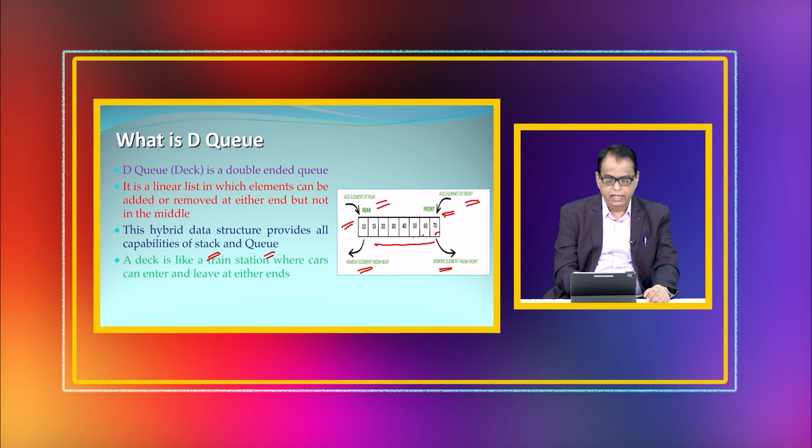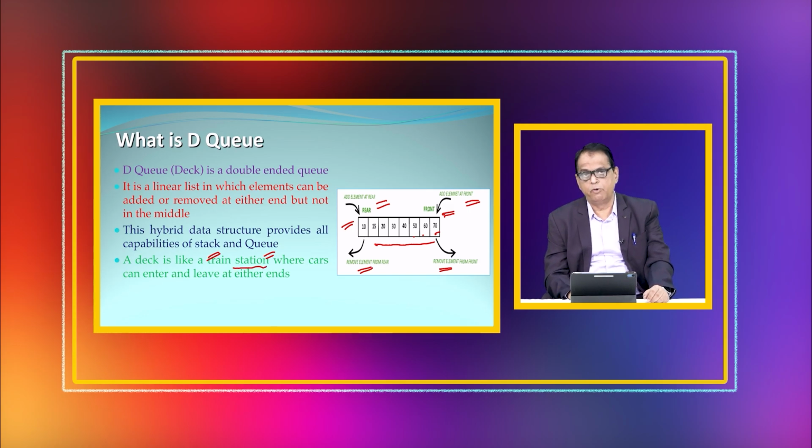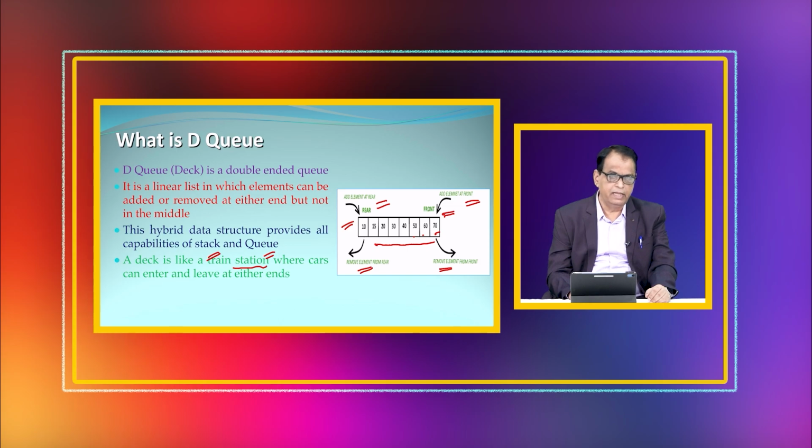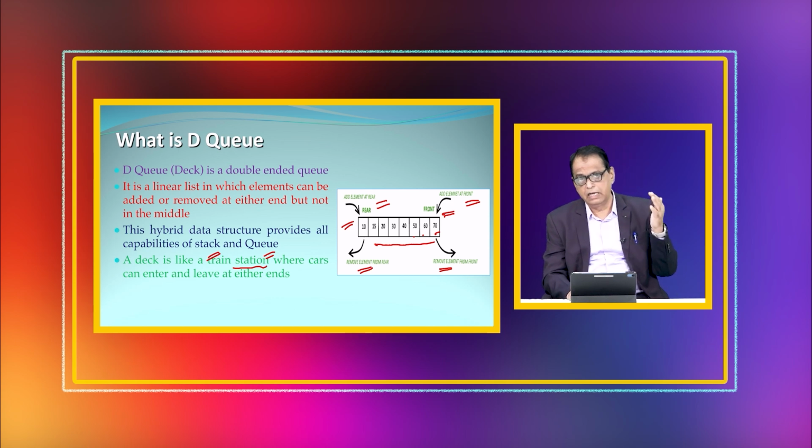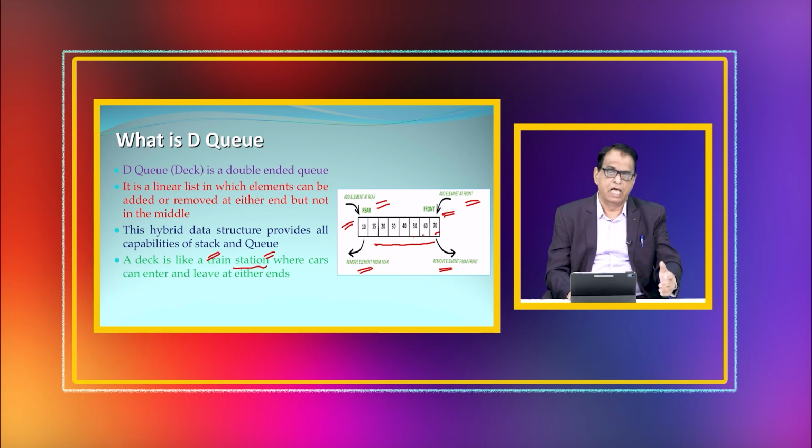So, the double-ended queue you can say is like a train station. You must have observed a train station in real life, where there is some arrangement so that the cars can come in and the cars can go out. The cars can come in from both the ends, and whenever cars want to move, they can move out from both the ends.